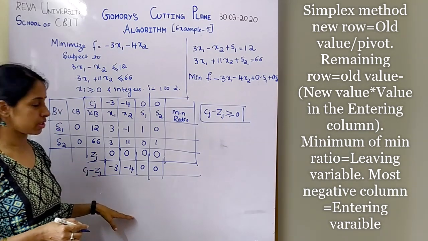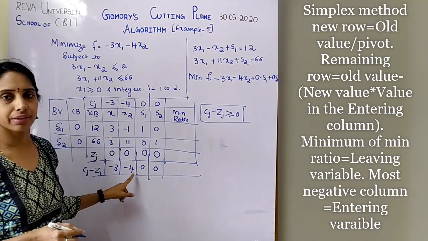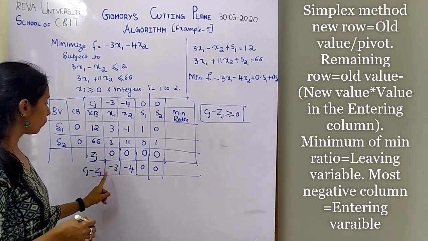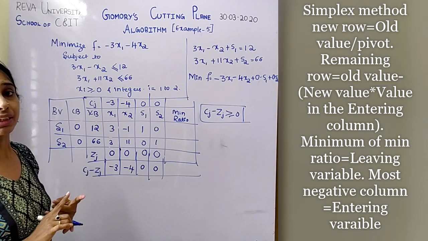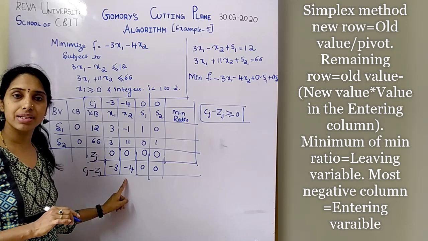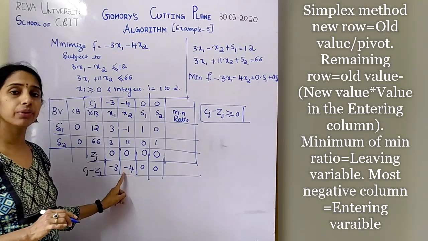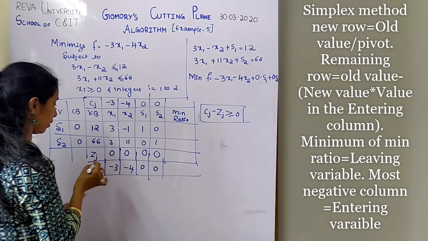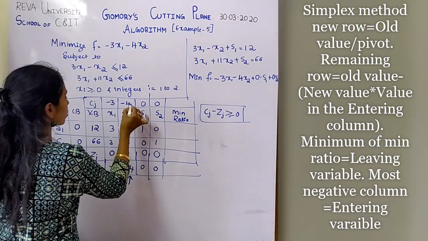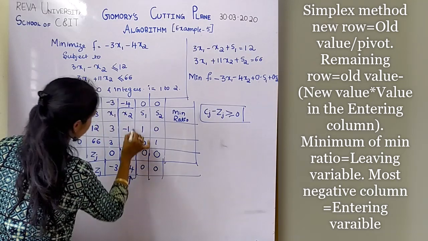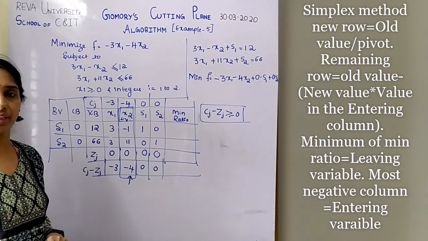You have to find the entering variable and the leaving variable. To find the entering variable, what is the formula? The most negative Cj minus Zj gives the entering variable. Which is most negative here? This is most negative, so the variable corresponding to this, x2, is the entering variable.